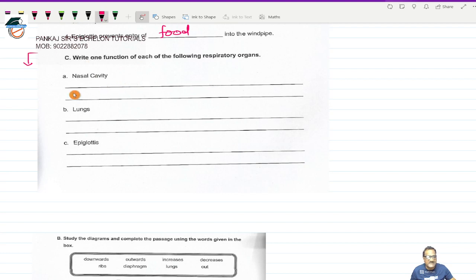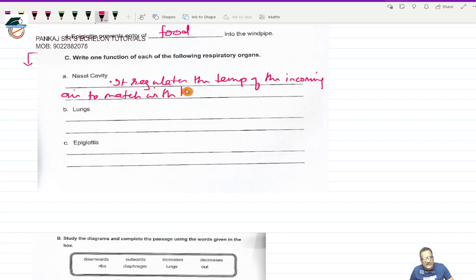For the nasal cavity, you have to write only one function. One of the functions is that it regulates the temperature of the incoming air to match with the body temperature.